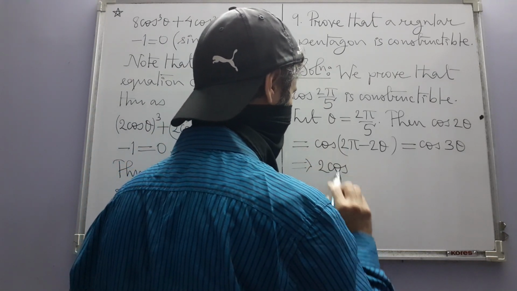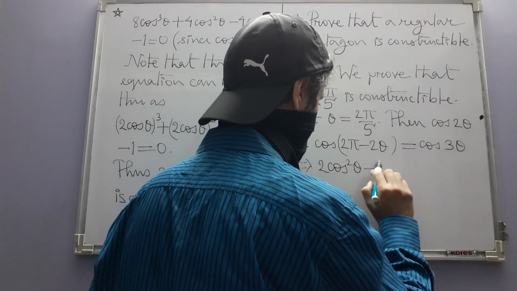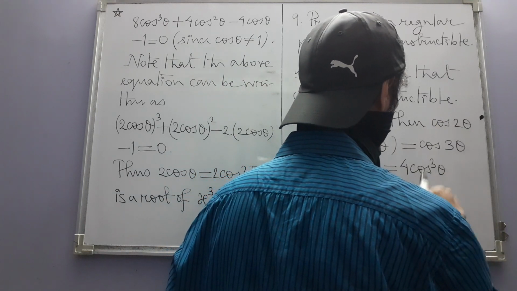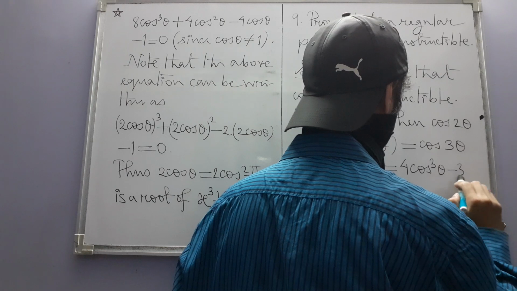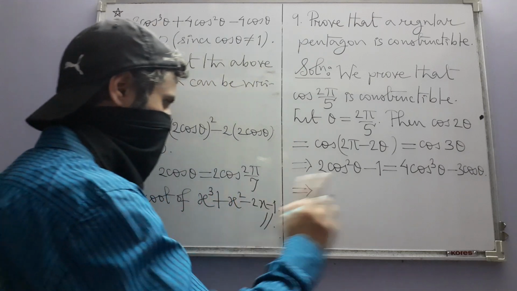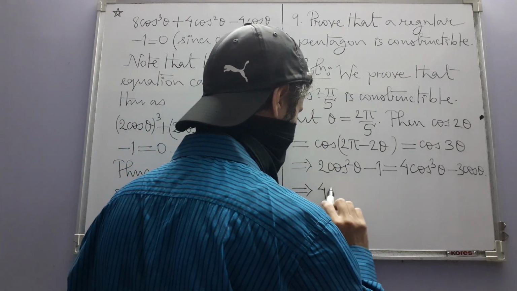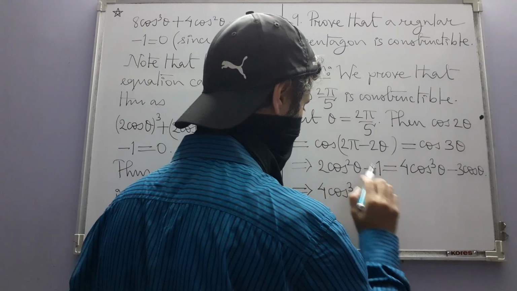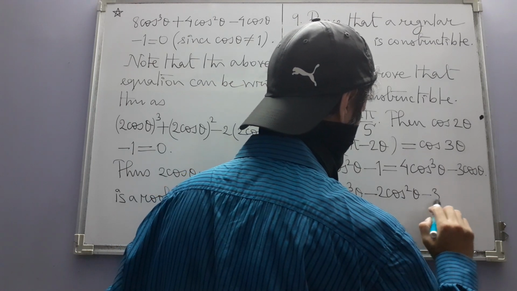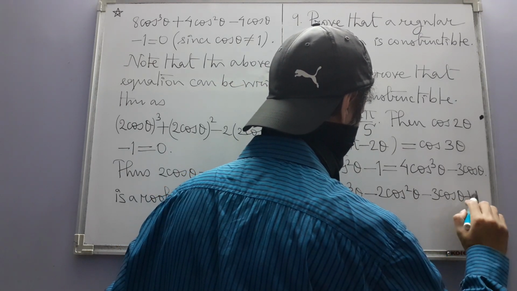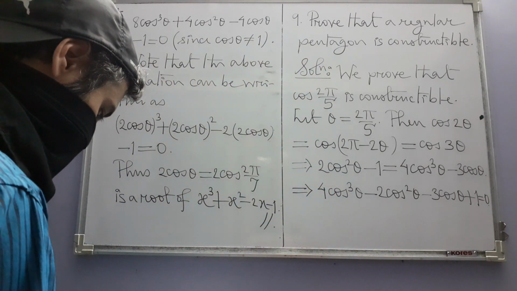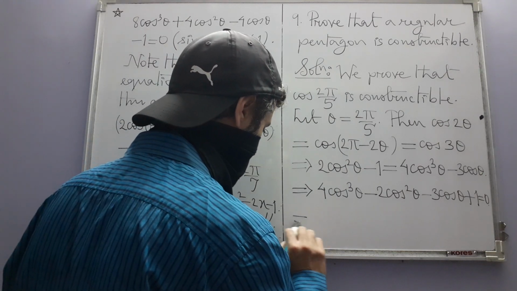Okay, so the left side is 2 cos square theta minus 1, and the right side is 4 cos cube theta minus 3 cos theta. And now if you take all the things on one side, then we get 4 cos cube theta minus 2 cos square theta minus 3 cos theta plus 1 equal to 0. And here also I think factorization is involved.